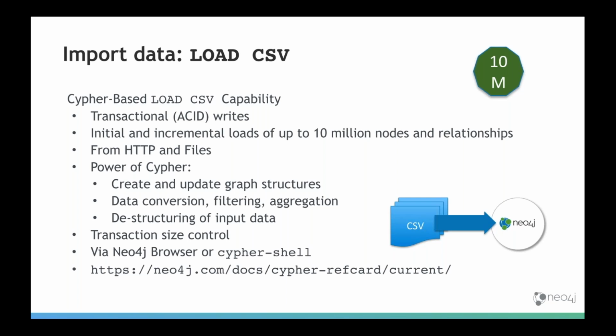It reads from CSV files, but it can also fetch those CSV files from somewhere on the internet through HTTP. And when you use load CSV, you get access to the full capabilities of Cypher. You can create and update graph structures. You can do data conversion, filtering and aggregation, and you can destructure the input data that you have in your CSV files.